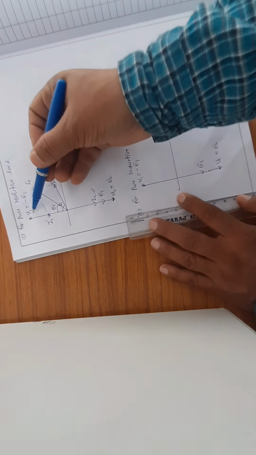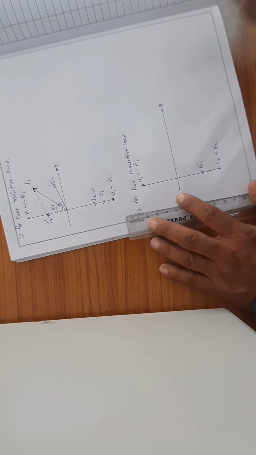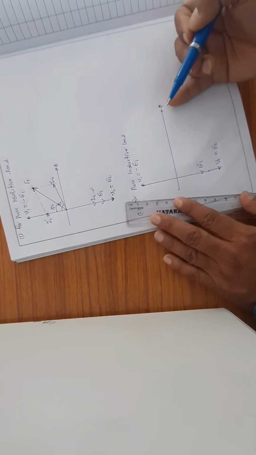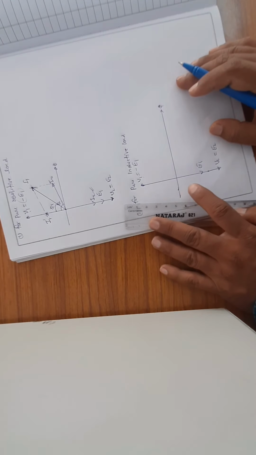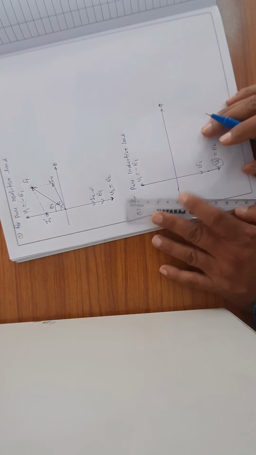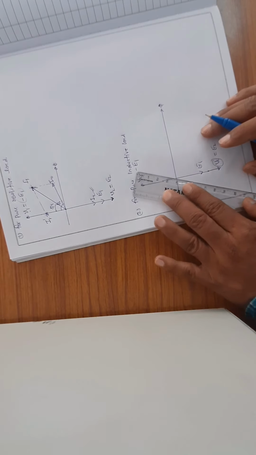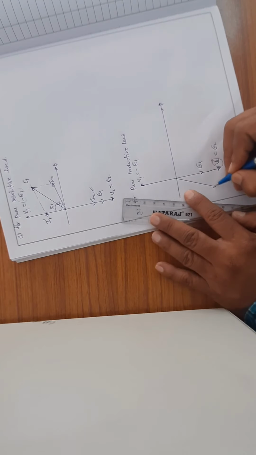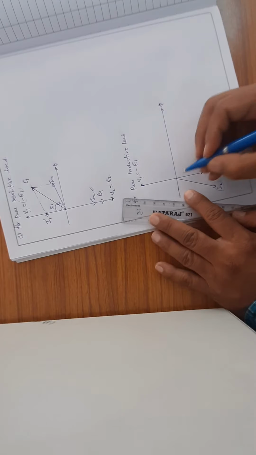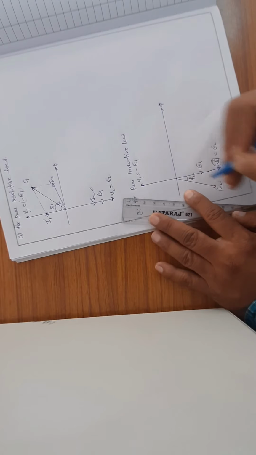V1 equal to minus E1. I2 will lag the voltage V2. So I2 will be here. The phase angle between V2 and I2 is phi 2.